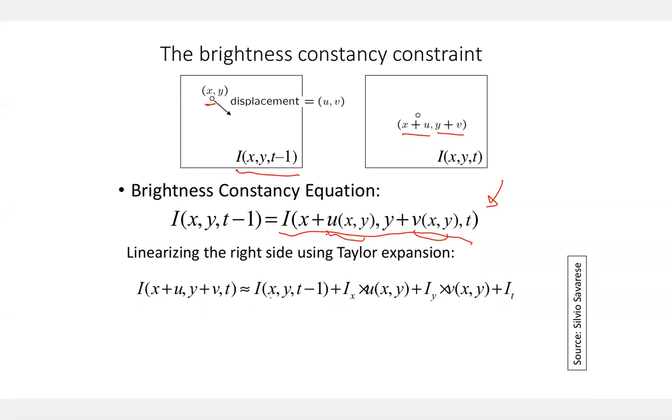Then this one will be approximated as I at x, y, t minus 1, plus the x derivative of I multiplied by u at x, y, plus the y derivative of I multiplied by v at x, y, and also multiplied by 1.